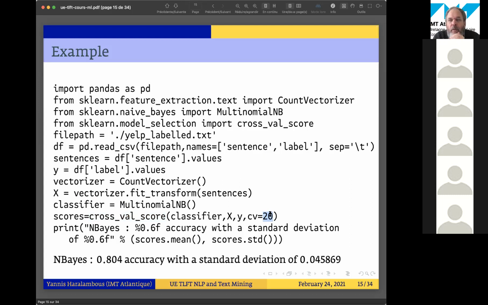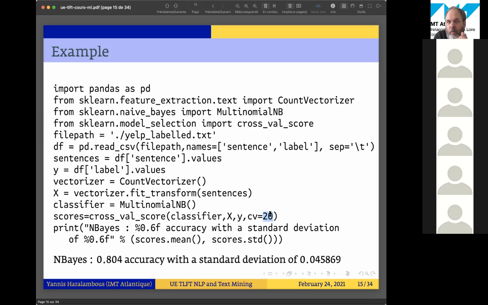This is called cross-validation, and it's very useful because every individual in my set becomes part of a testing set exactly once.